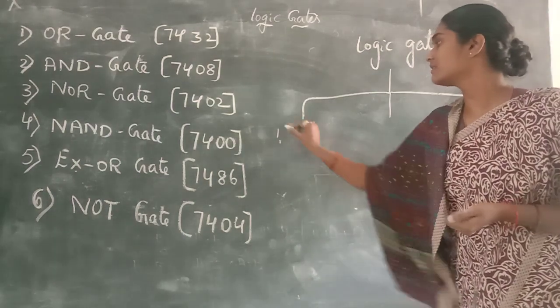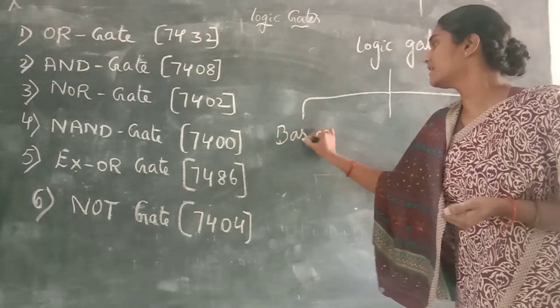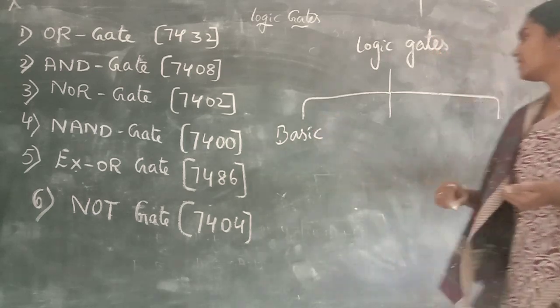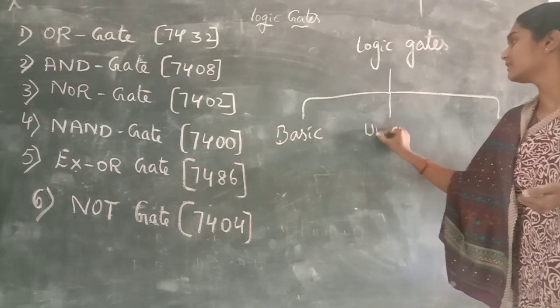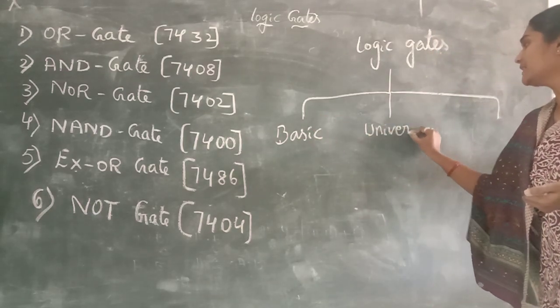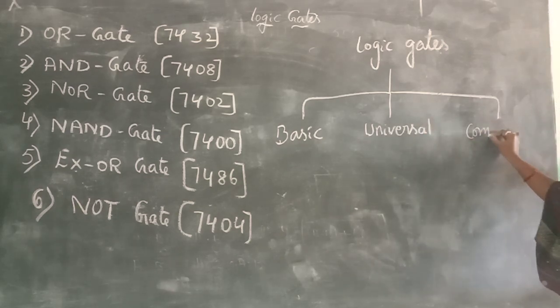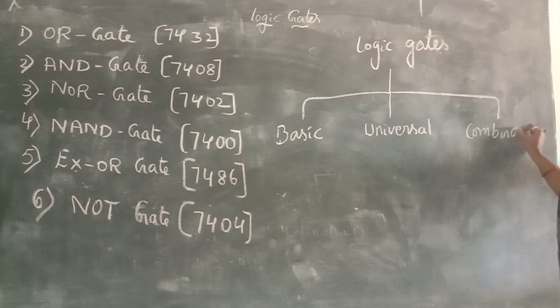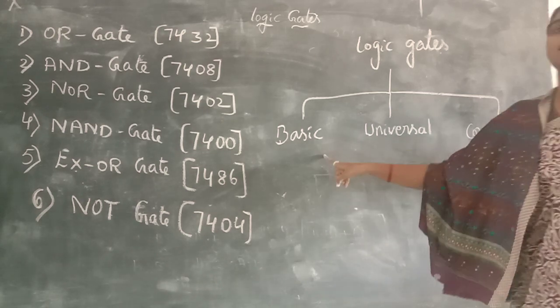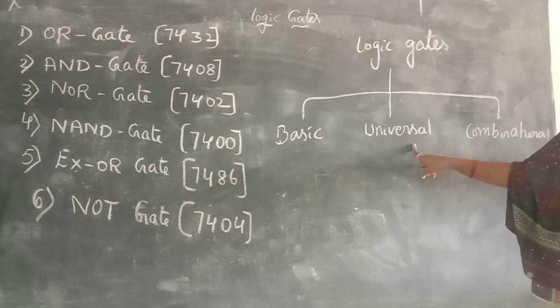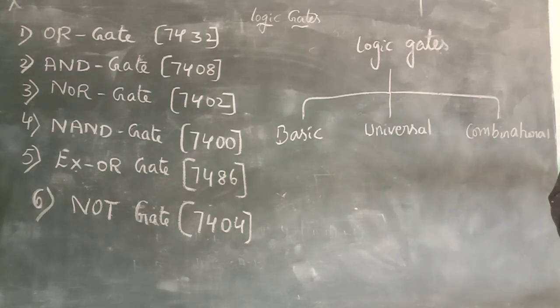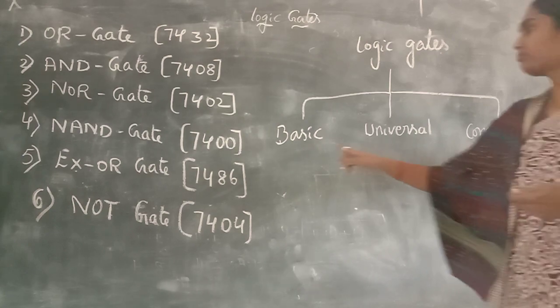One is basic logic gates, second one is universal logic gates, and third one is the combinational logic gates.